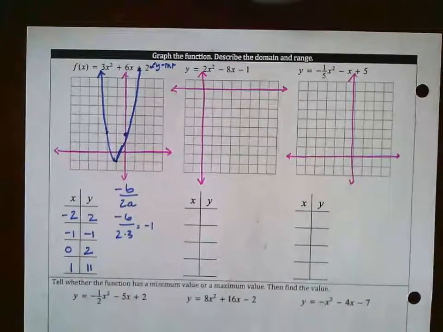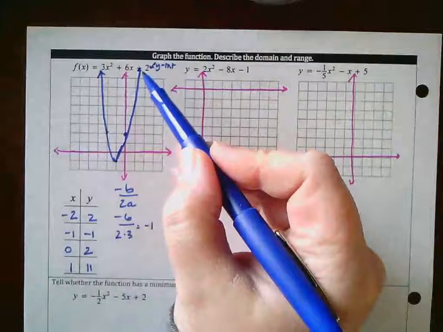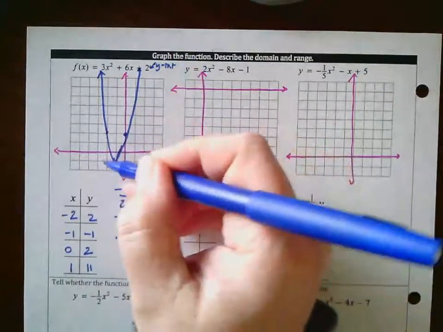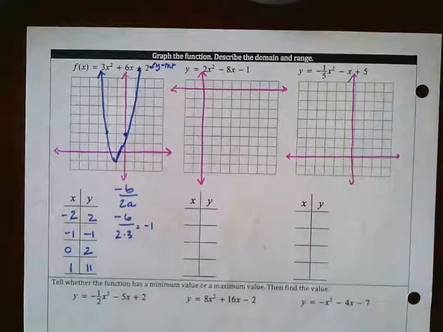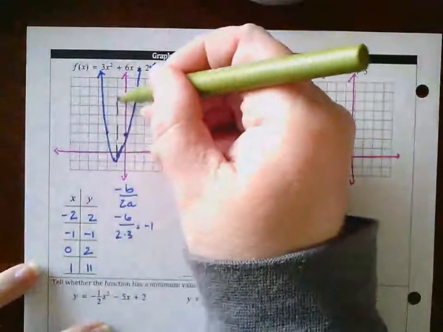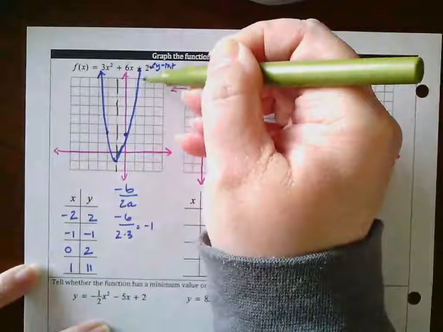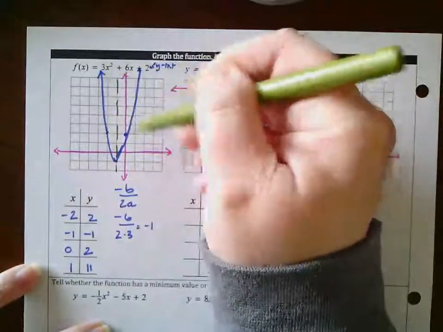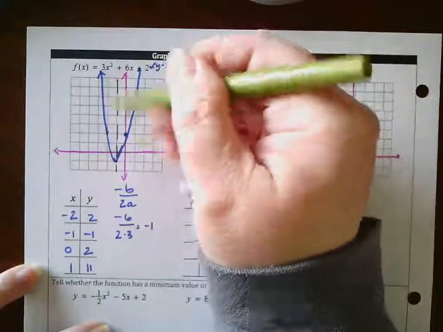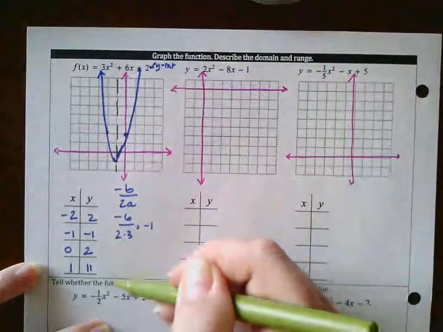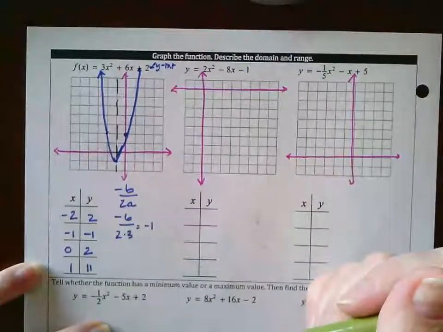So just some of the attributes of the graph. Again, this is 2. This is where your y-intercept is. You found your vertex. And by the way, you also found your axis of symmetry. The graph is decreasing and increasing. It's positive, so it's going to be an upwards U rather than a negative, which would be a downwards U. And you can plug in some values and figure out some things.